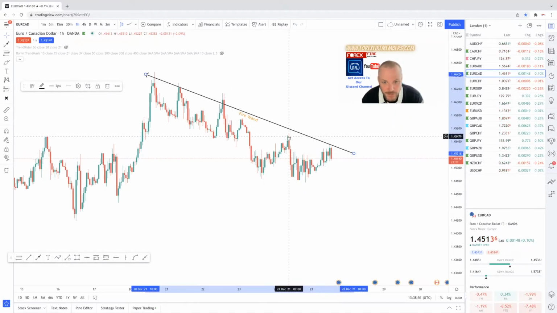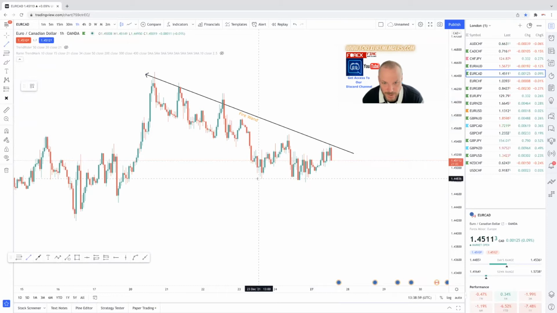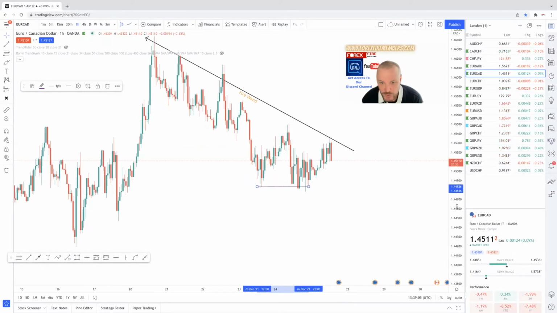Now, if we notice from this last lower high to a lower low, from that liquidity area we can see there was a bit of a break of structure. You can see in here that it clearly has broken structure, and then we've got a pullback coming back towards the trend.